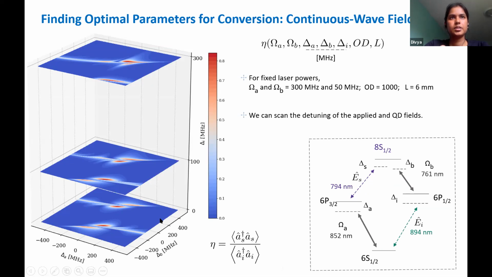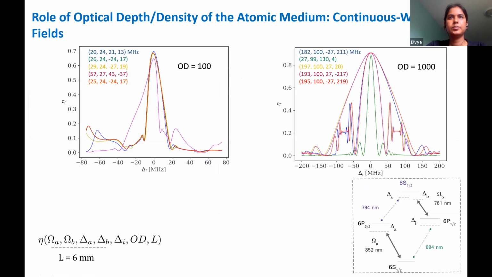We find that there are several parameters which give us an efficiency of more than 90%. Using these parameters, we again try to find how much bandwidth these efficiencies have. So now you see the role of the optical depth on the bandwidth, and how much bandwidth we can expect.